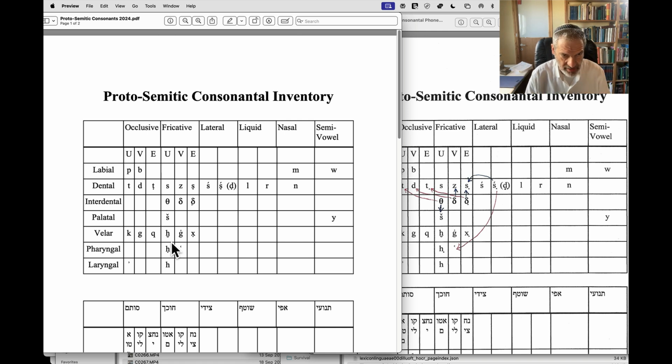Speakers of English shouldn't get too bent out of shape over this, because we have a number of letters in our alphabet that are polyvalent. The letter C, for example, can be ka or sa or maybe even cha in some loan words and so on. So, okay, velar, ra, right, and pharyngeal ah.